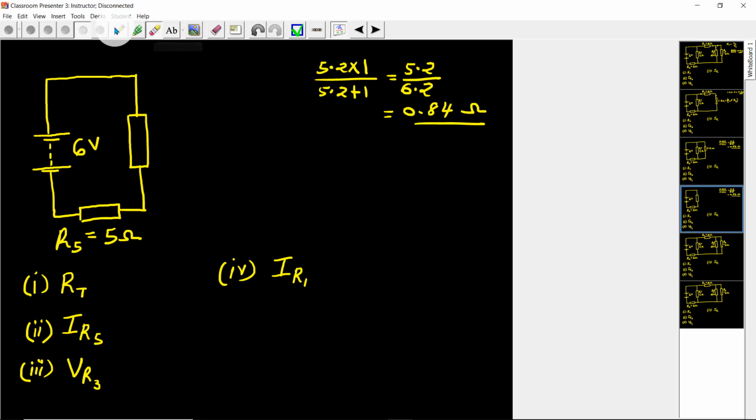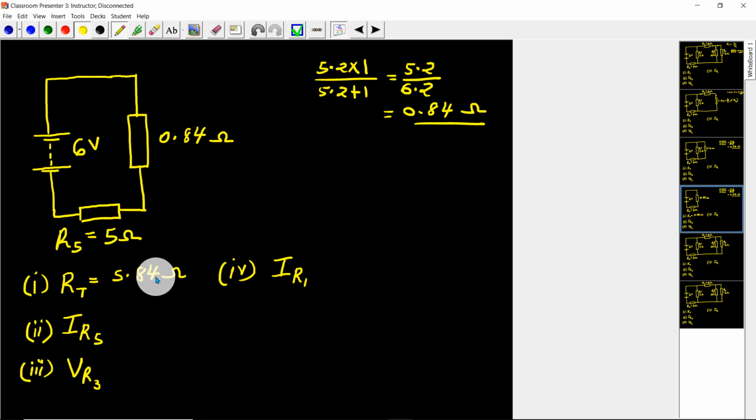This single resistor, which is now here, will have a value of 0.84 ohms. And you can see now the 0.84 ohms is in series with a 5 ohm resistor here, and if I add the two, I get 5.84 ohms as my total resistance.